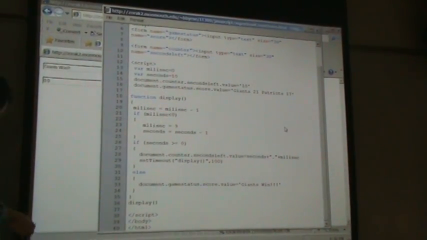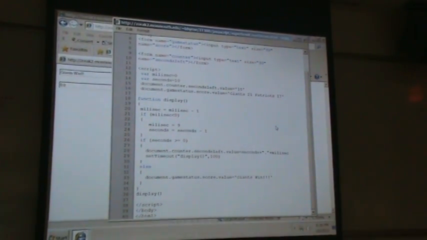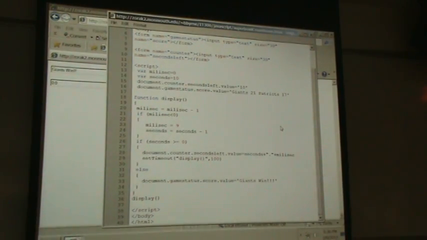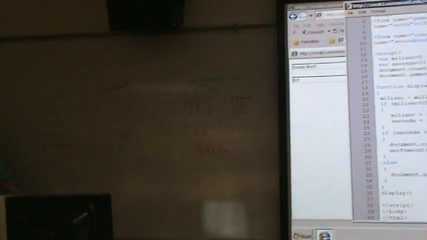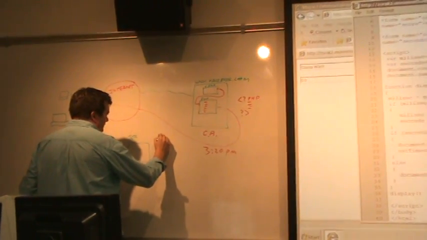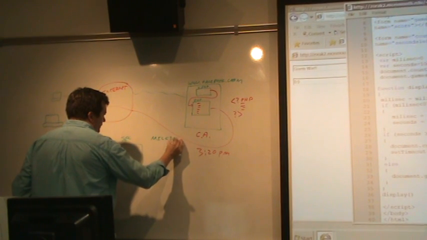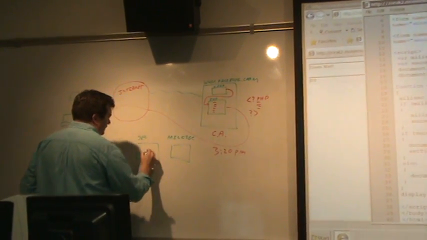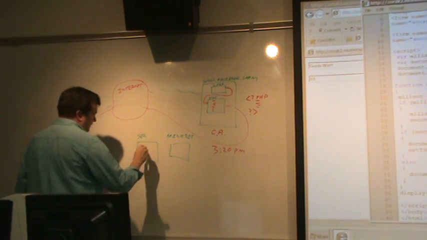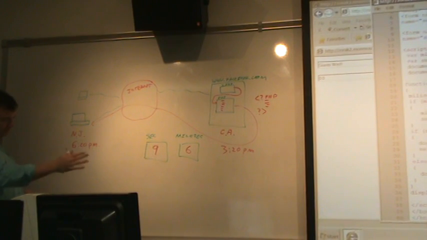So if it's currently, so the seconds and milliseconds, if the values are currently 9.6, we would display that.